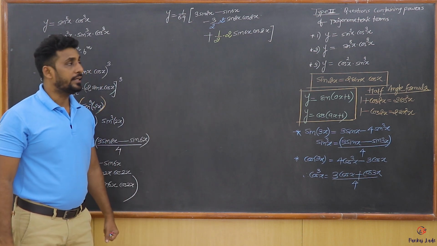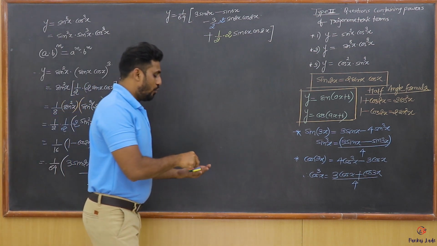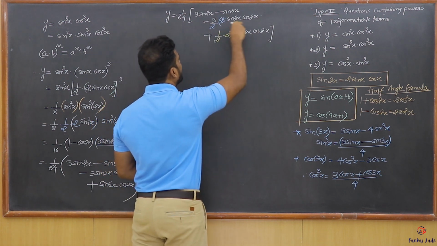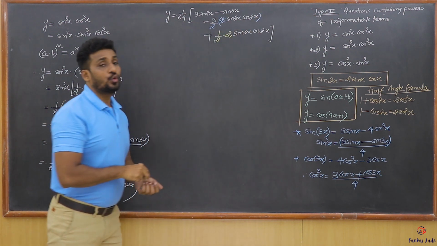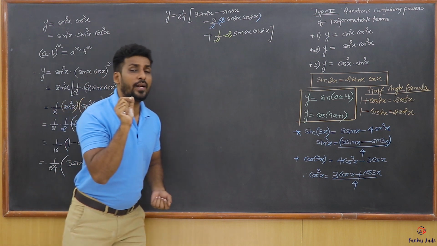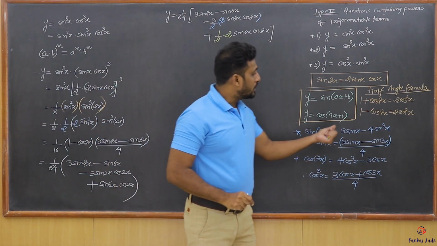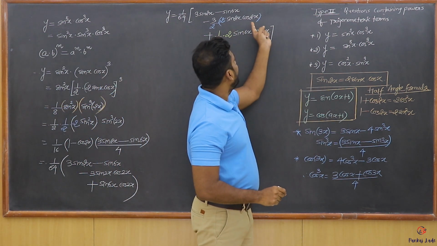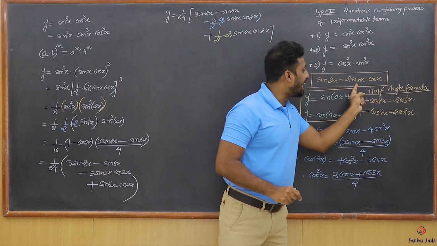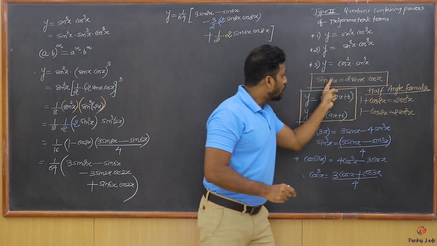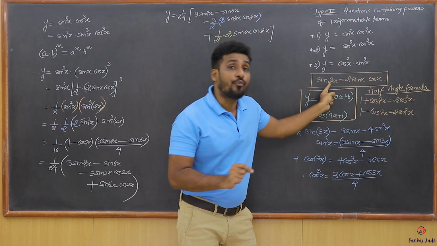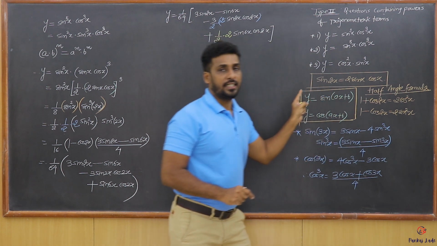We have already seen the defactorization formulas, and you very well know what is going to happen to this 2 sine 2x into cos 2x. Look at the angle. Angles play a very important part. This formula is now 2 sine 2x cos 2x. Here you have 2x, so this angle is going to change to 4x. Sine 4x it is going to become.